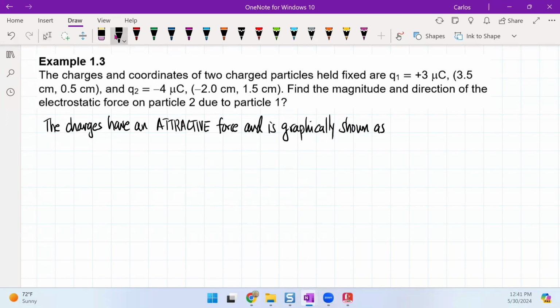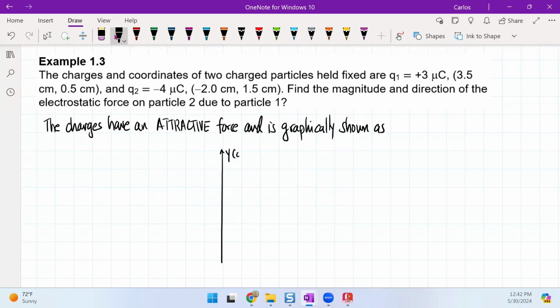So I'm going to look at my y-axis here. I'm going to do it like this. So this will be my y-axis.